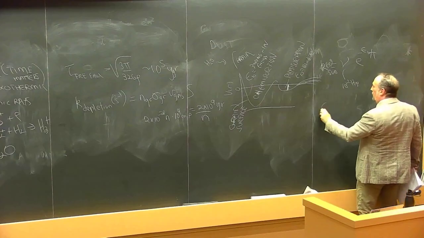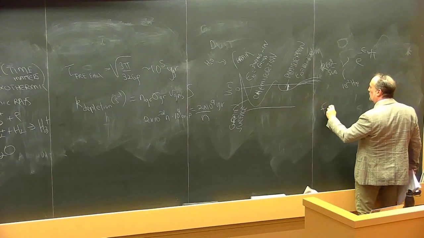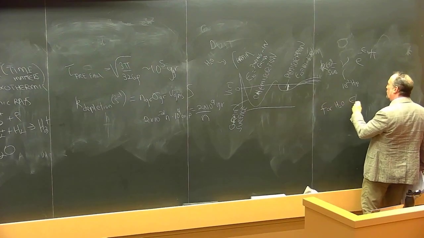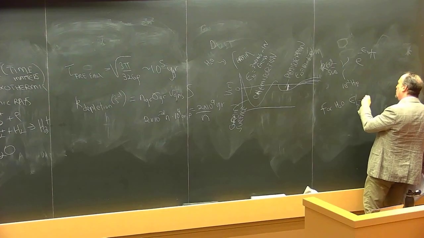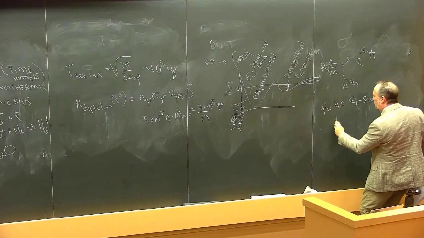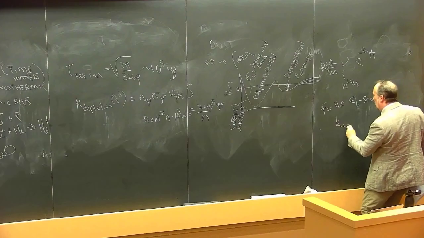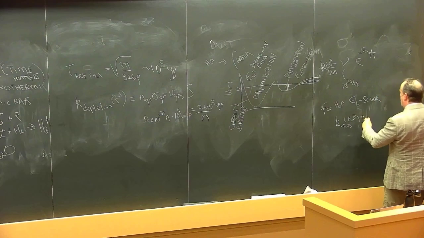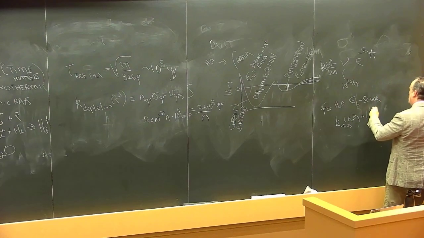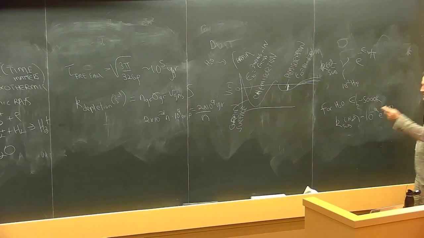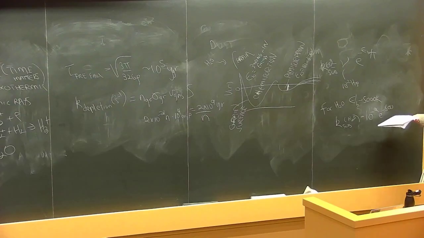All right, so for water, the binding energy is of order 5,000 Kelvin. So if I have k sublimation for H2O here, that's 10 to the 12th times e to the minus 500, since T is 10 K, and that's greater than the age of the universe.